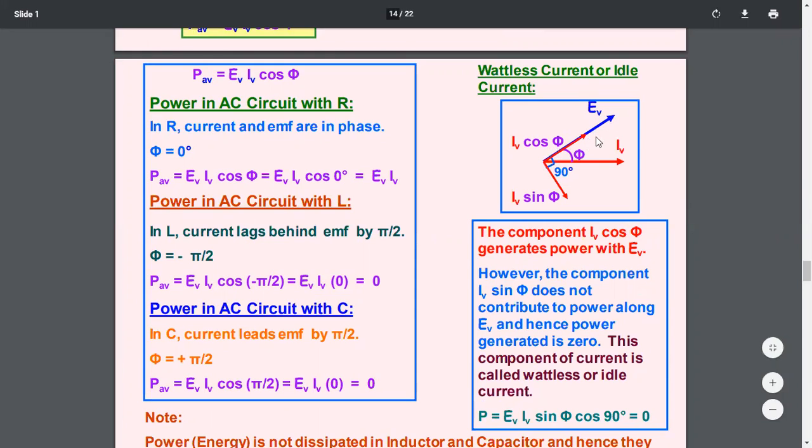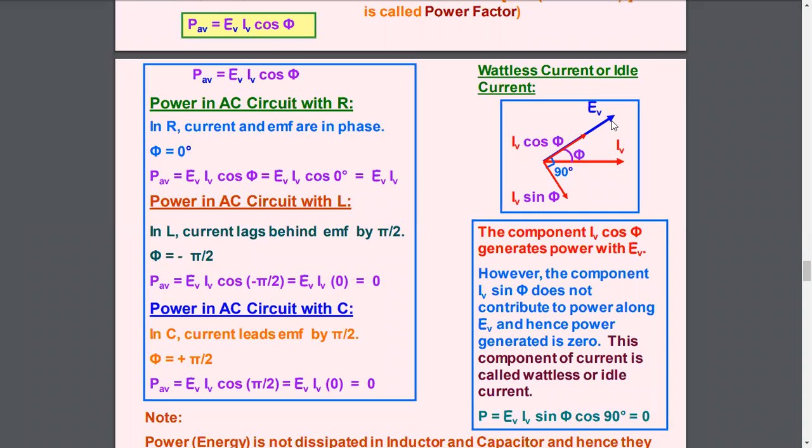Here the red arrow indicates the phasor of current and the blue arrow represents the phasor of alternating voltage. These two arrows indicate the phasors of voltage and current across the resistor.